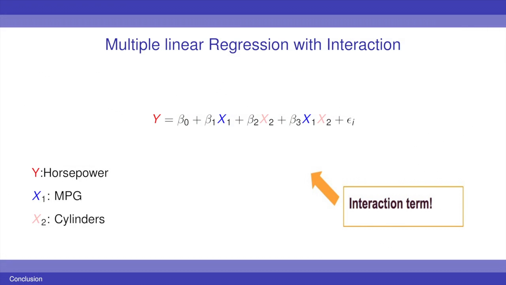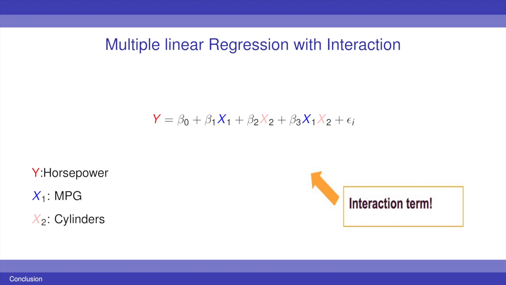In our final regression model, MPG, the x1 variable, and cylinders, the x2 variable, are used to predict the y variable, horsepower, which is the response variable. Included in this model is also an interaction term, x1 x2, which indicates the interaction between MPG and cylinders.